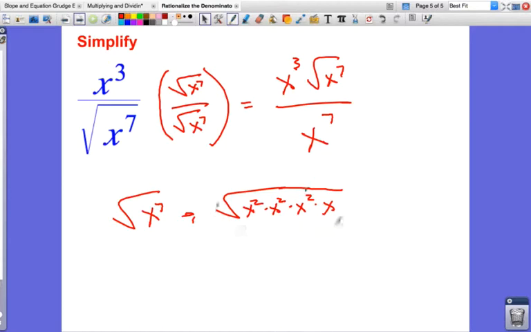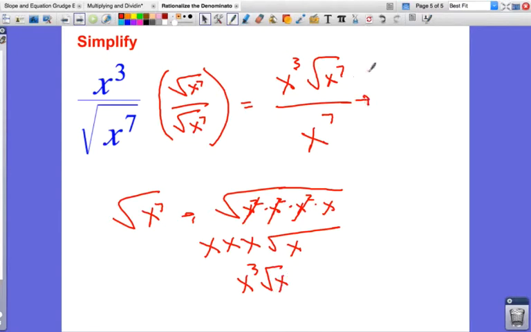This is x to the 7th, just expanded out a little bit differently. I know that the square root of x squared is x. Square root of x squared is x. Square root of x squared is x. So I'm left with 3 x's on the outside, 1 x under the radical, which simplifies to x to the third square root of x.